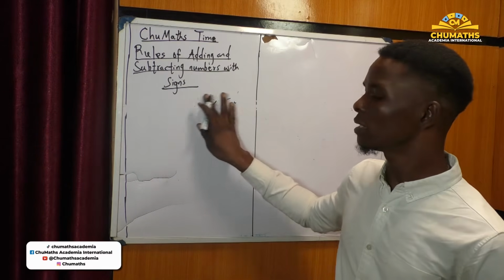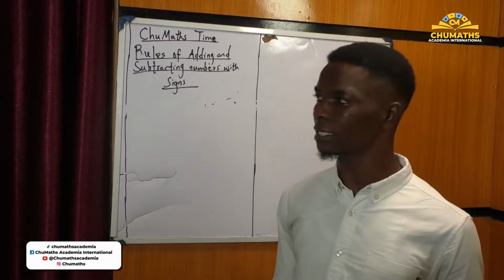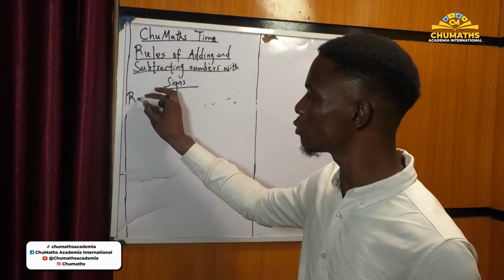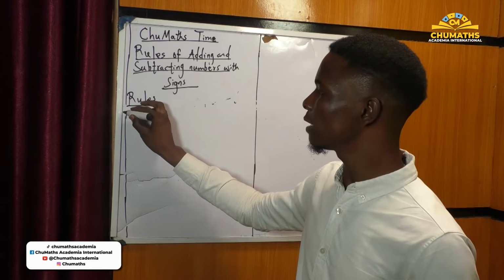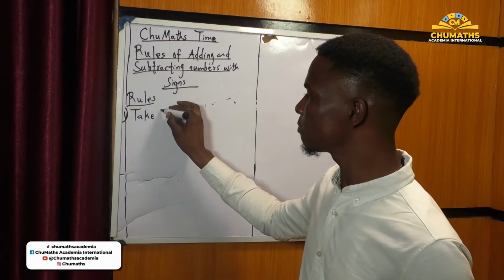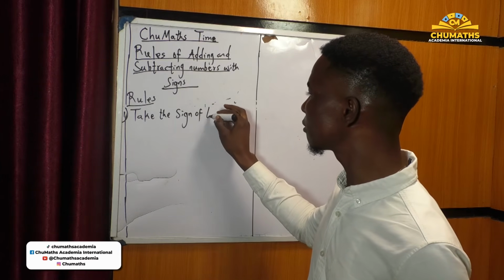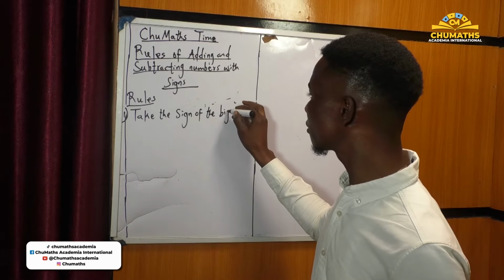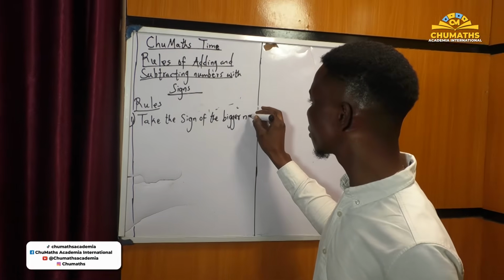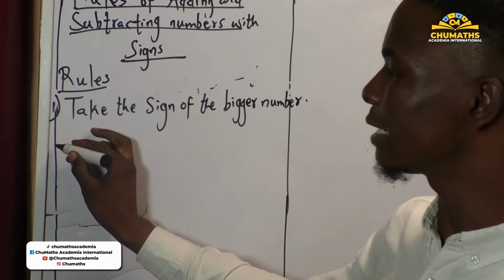And majorly there are rules for adding these things. Number one rule is you take the sign of the bigger number. Take the sign of the bigger number.